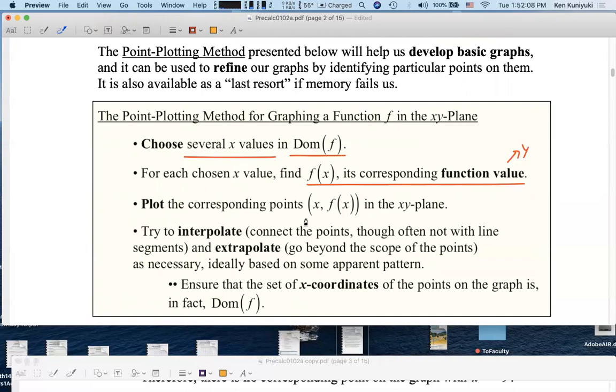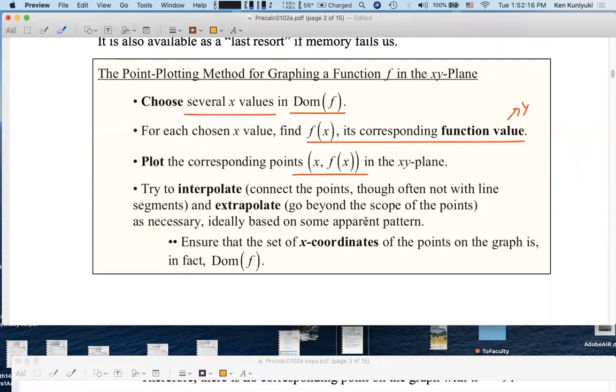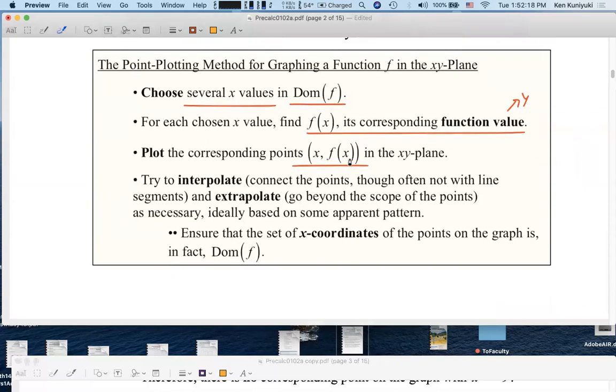You're going to graph the corresponding ordered pairs, x comma y, x comma the function value, in the xy plane. So you're going to graph the points from your table, and then you're going to basically connect the dots, interpolate, and then extrapolate, go beyond as seems reasonable. So there is some guesswork here.